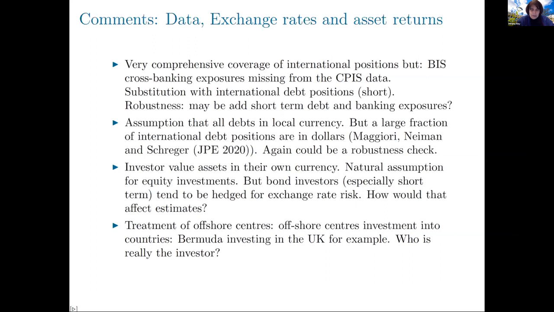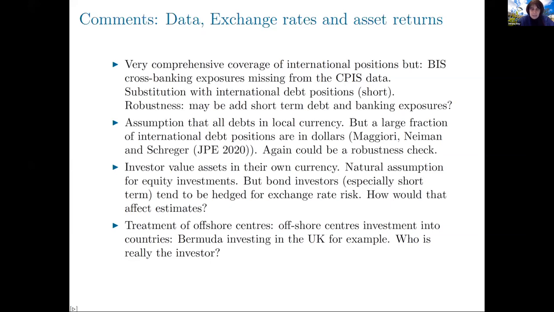Maybe a more difficult question is, there's an assumption that investors value assets in their own currency, which is, I think, totally realistic. However, bond investors seem to have a different hedging behavior compared to equity investors. They tend to hedge for exchange rate risk. So it's not clear to me how that would affect the estimates that the authors get.